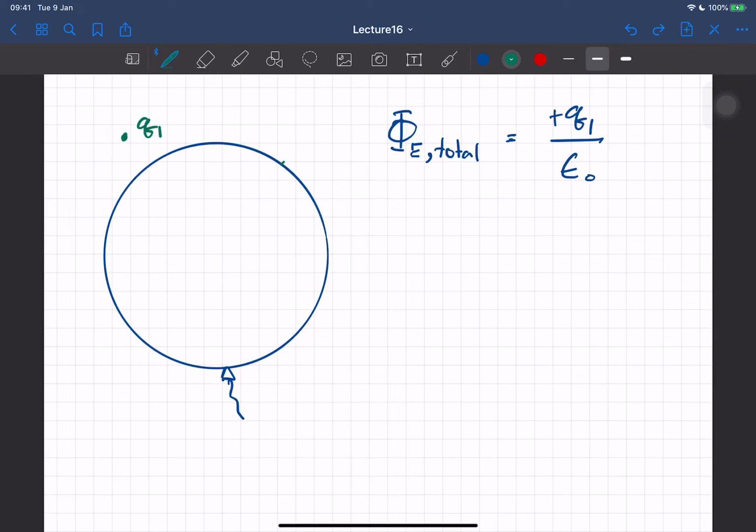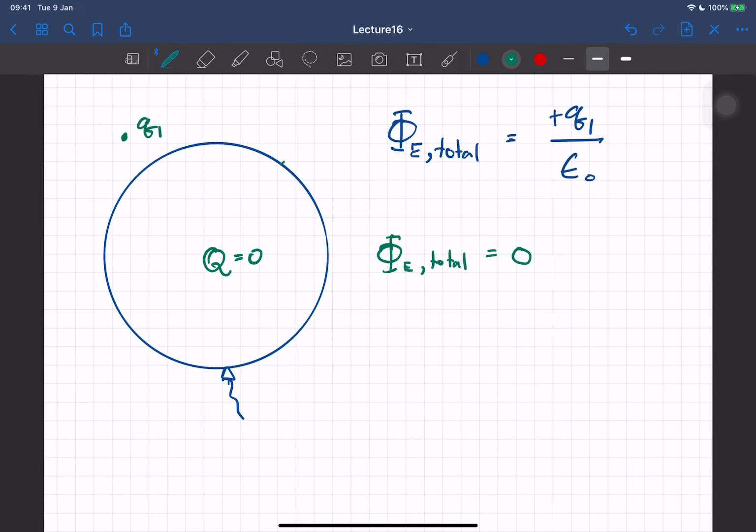As long as it's a closed shape, so that you can define what's inside the balloon and what's outside, right? So it has to be a closed shape. It doesn't have to be spherical, right? If the charge inside the balloon is equal to 0, so Q equal to 0, then the total flux on this surface will also be 0.